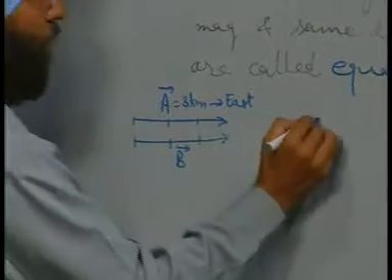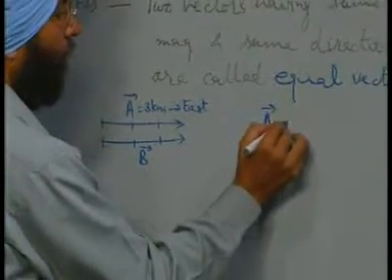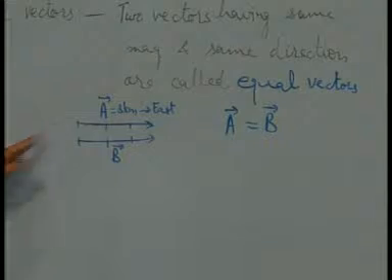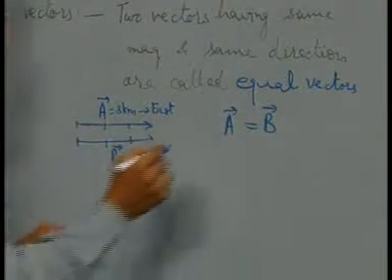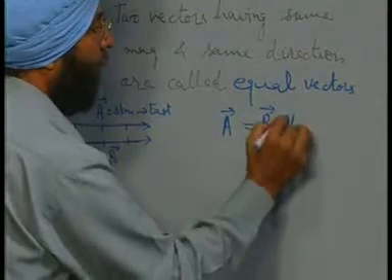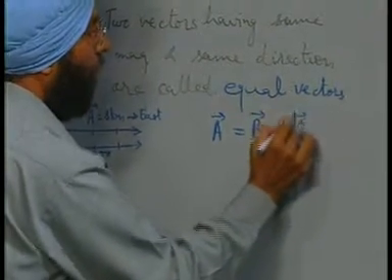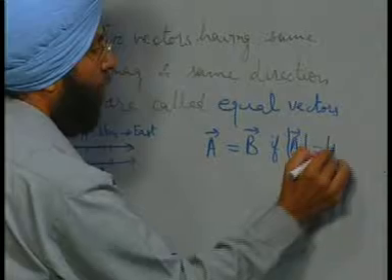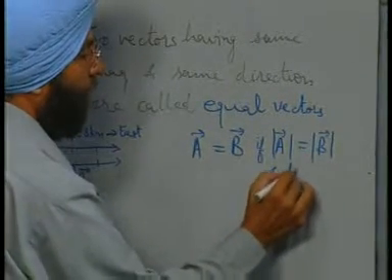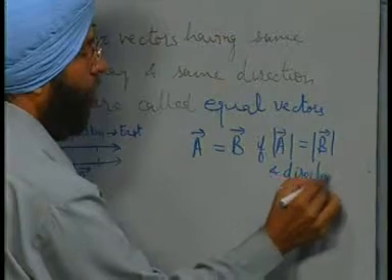So, A is equal to B. Both the vectors have same magnitude, same direction. A is equal to B if magnitude of A is equal to magnitude of B and directions are same.